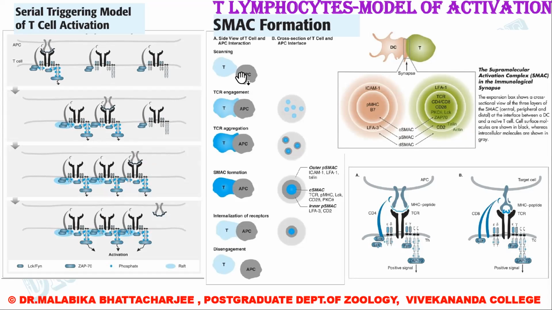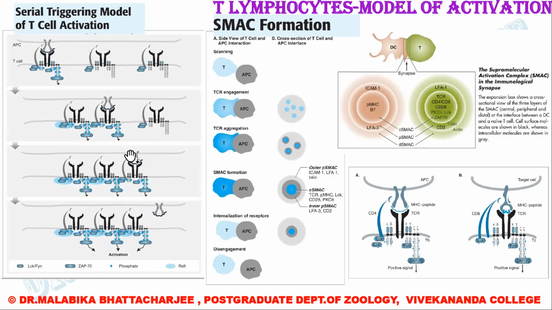In this picture, as you can see, the T cell first scans the surface of the antigen presenting cell to determine if its TCR recognizes the peptide MHC present on the antigen surface. If a sufficient number of TCRs are strongly engaged, the cytoskeleton of the T cell is reorganized to generate clusters of signaling molecules at the site of TCR pMHC interactions.